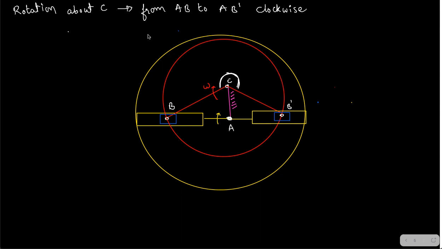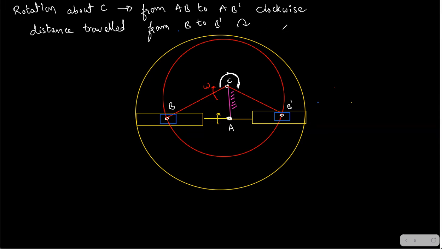So now tell me the distance traveled by BC to CB dash. It means this distance. I'll say distance traveled from B to B dash, that too clockwise.